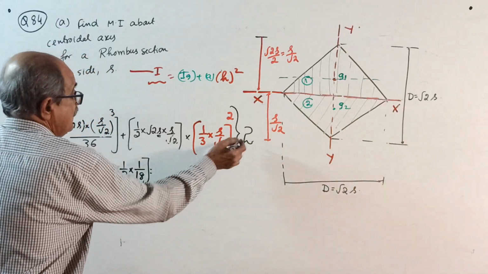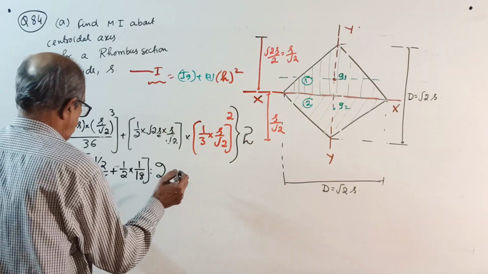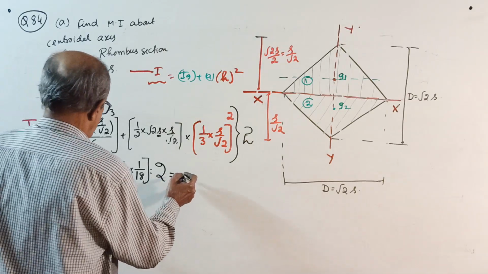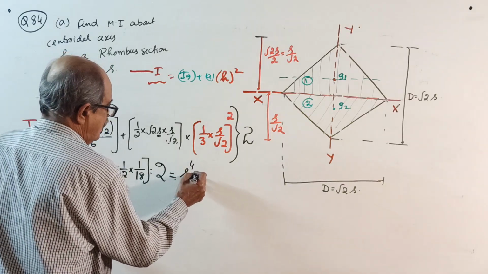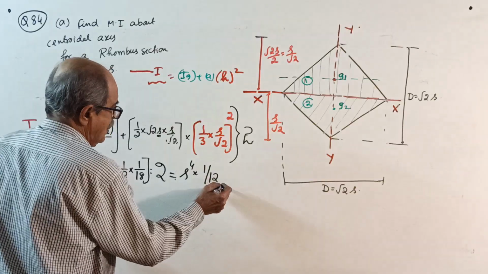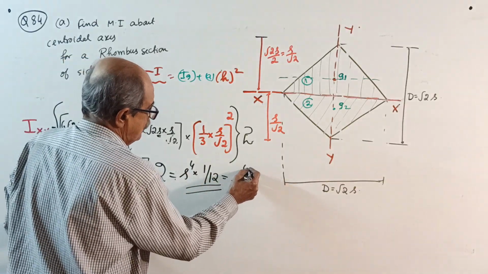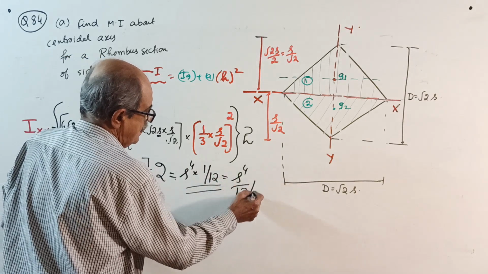Everything outside, into 2, reciprocal, equals s power 4 into 1 by 12 will come. Or you can tell the answer: s power 4 by 12.